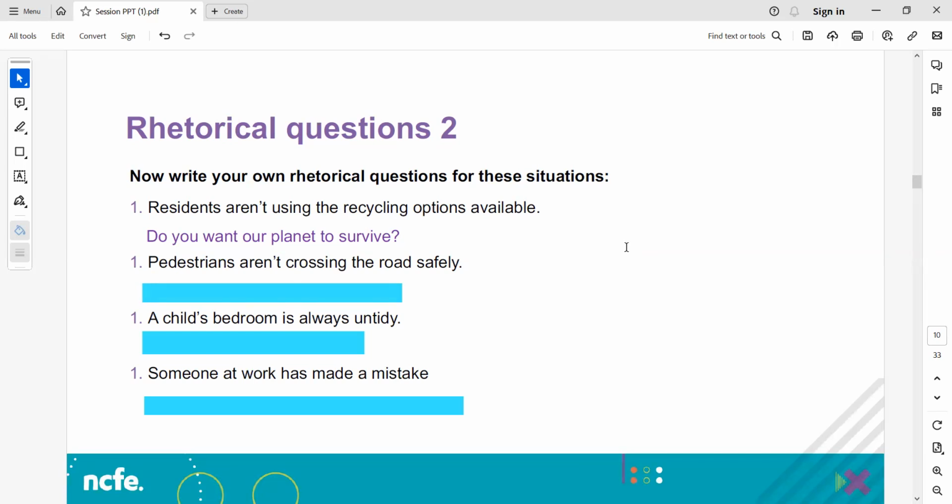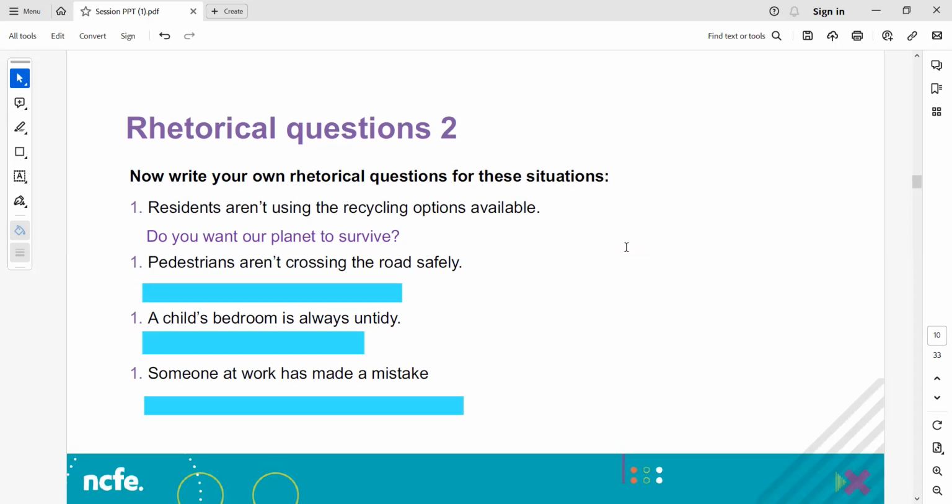You could start by writing a rhetorical question such as: do you want our planet to survive? Or it could be something different like, do you know that the local council provides 7 different sites where you can recycle your rubbish? Do you know that you have 3 bins you can use to recycle?